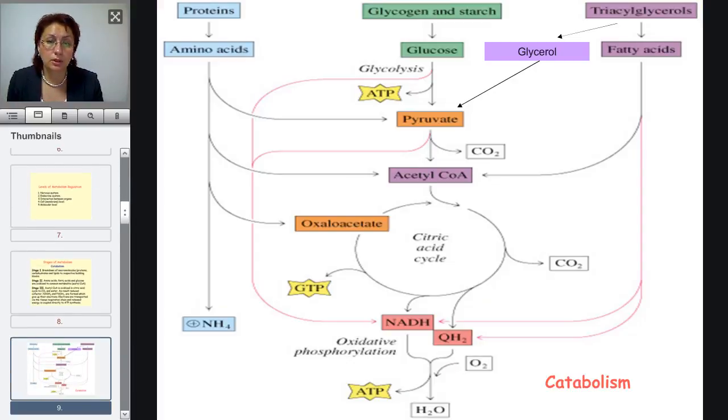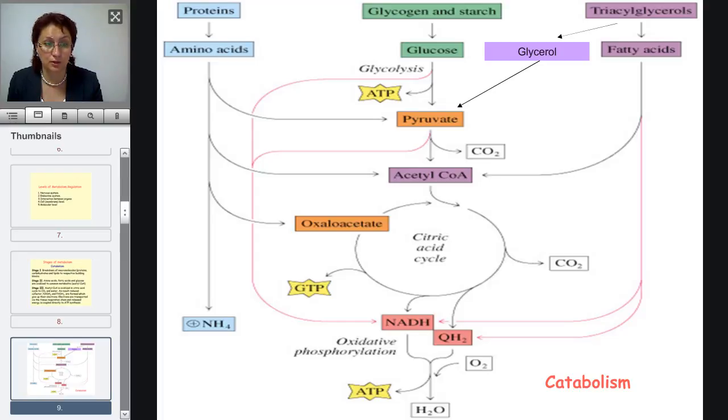In the human body, big macromolecules degrade to monomers: proteins to amino acids, carbohydrates, glycogen and starch to glucose, lipids, acylglycerol to glycerol and fatty acids. This is the first stage of catabolism, a specific stage. After this, amino acids, glucose, glycerol and fatty acids are converted to the common metabolite acetyl-CoA.